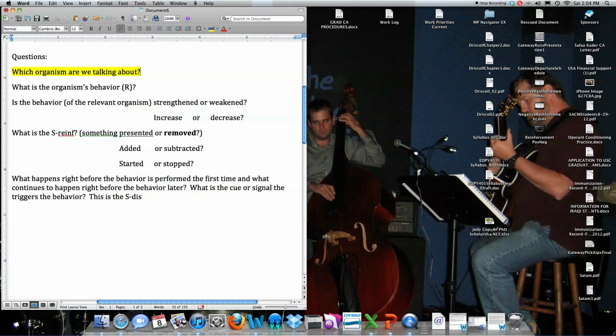I'm going to put that in yellow for clarification. Secondly, and this is probably the most important thing, the behavior. What is the organism's behavior? The organism that we're focusing on, what is that organism's behavior? Because it's so important, I'm going to put that in red. Third thing we want to know, is the behavior of the relevant organism strengthened or weakened?